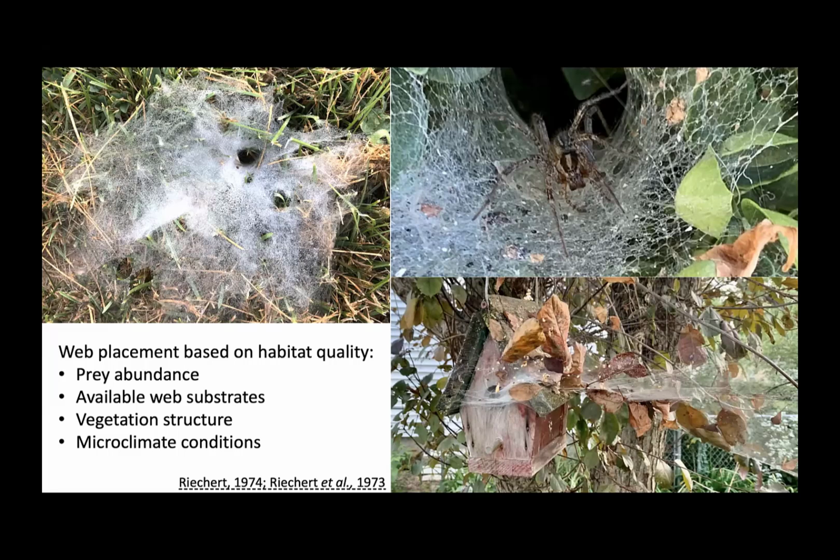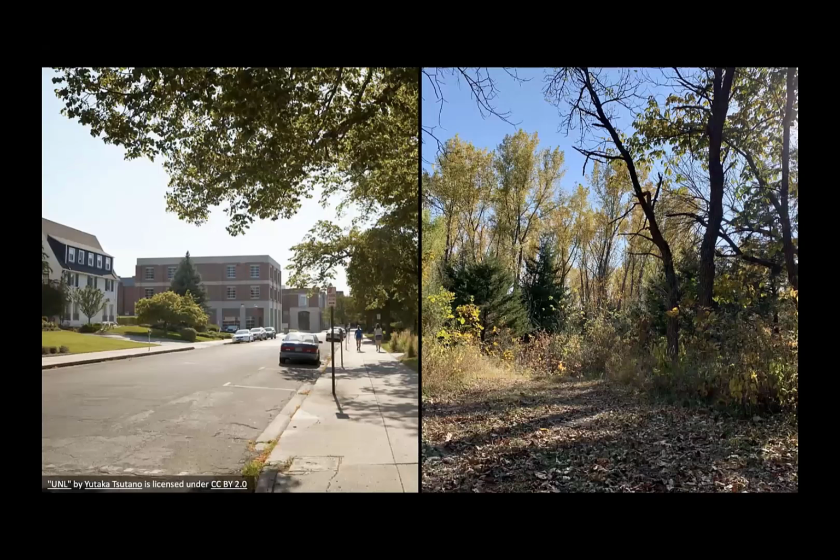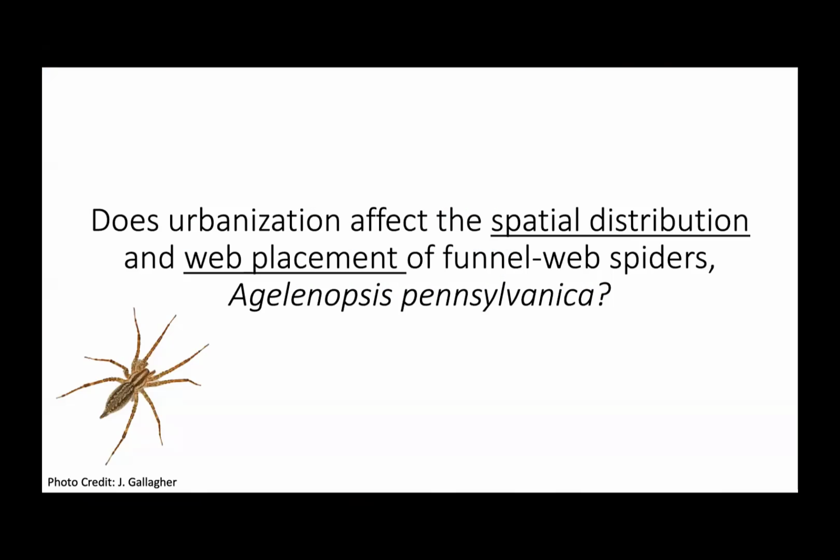And since they're actively choosing these web locations based on the quality of the habitat, this habitat quality is sure to differ between these locations, even though they're both building in these locations. And as I was walking around these two sites, I noticed that there's some differences in how they're spatially distributing their webs. So this got me wondering if urbanization affects the spatial distribution and the web placement of funnel web spiders.